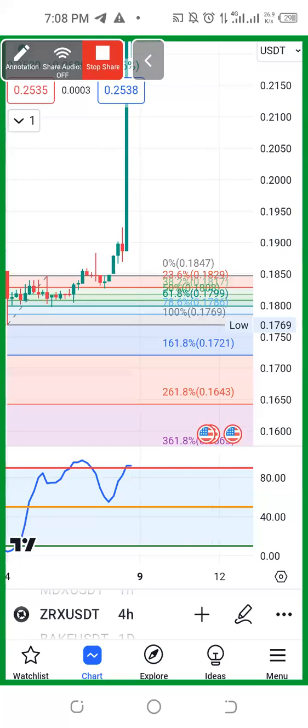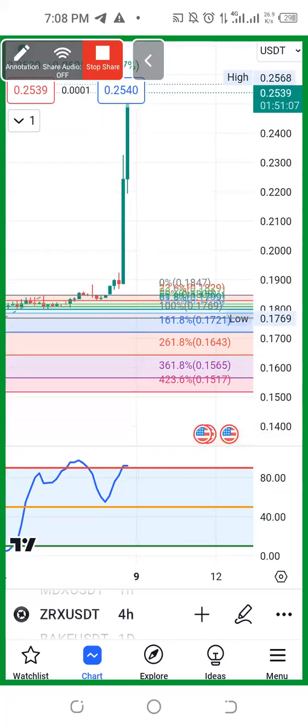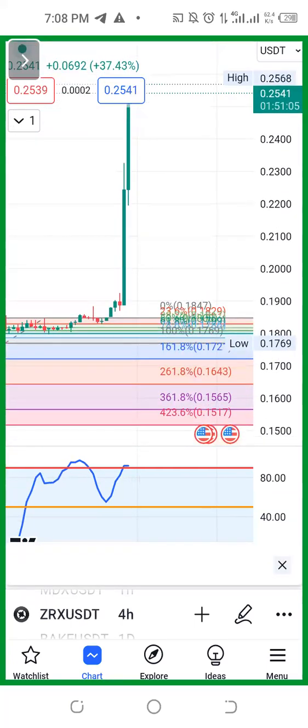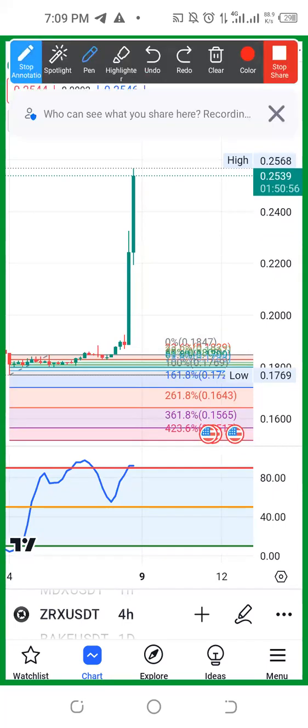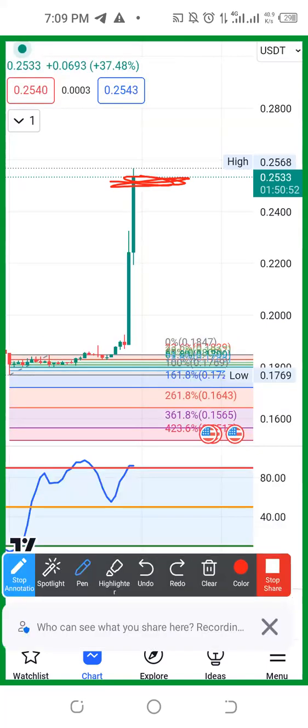See where it's going to. There must be a fundamental news that made this coin pump. This coin has pumped too much. The next thing on this coin is going to crash back. It must undergo correction.